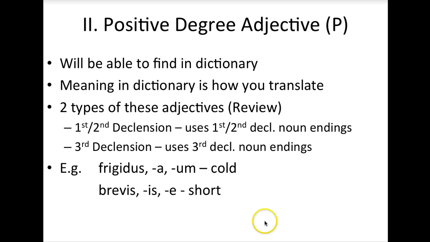So here are a couple of examples. We've got a first, second declension adjective. Frigidus, a, um means cold. And that us, a, um tells me it's first, second declension. Then down here we have brevis, e, which is a third declension adjective, and you can see that is, e is what tells me that. And it just means short. Nothing added, nothing changed from what we would expect brevis to be.